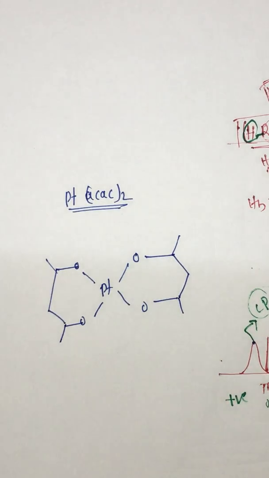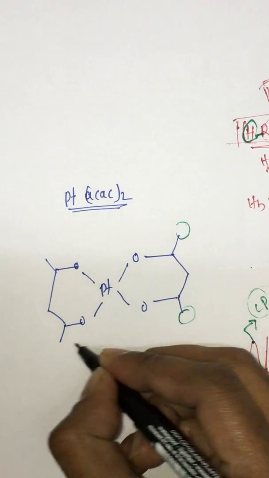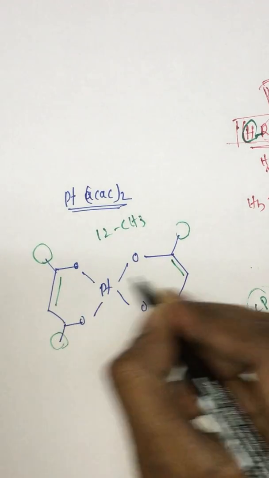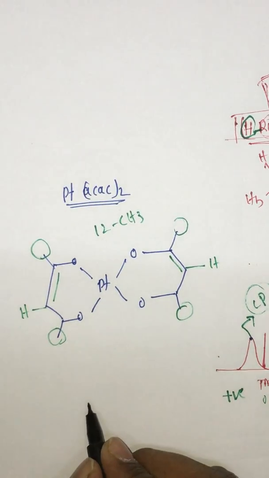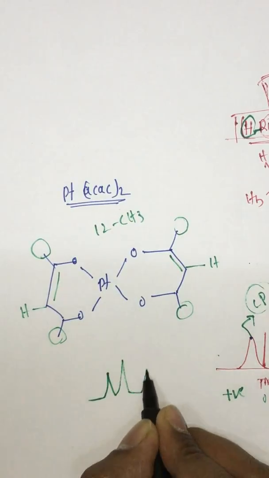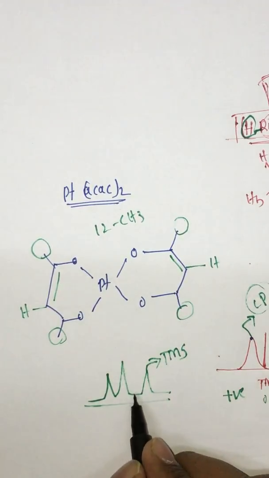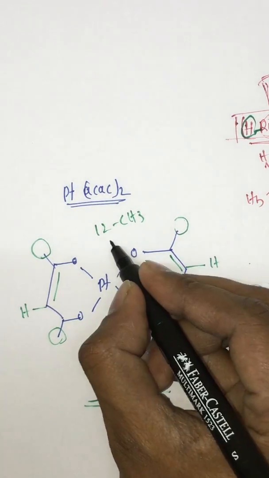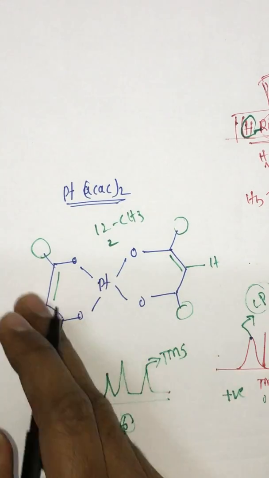Now in the NMR spectra, we have two different protons here: methyl protons, a total of 12 methyl protons, and the double bond here, and 2 CH protons. So this is for TMS, and we will get 2 peaks for the 2 different protons in the ratio of 1:6, because 6 is for the methyl groups and 1 is for the CH groups.